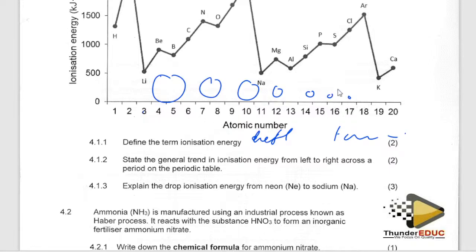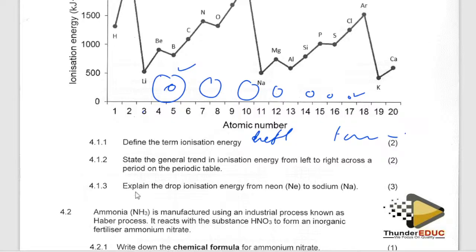Because the electrons are coming closer to the nucleus, there is high attraction. So you require a lot of energy to remove one electron from here than here, because this one is too far. So from left to right, the ionization energy increases.